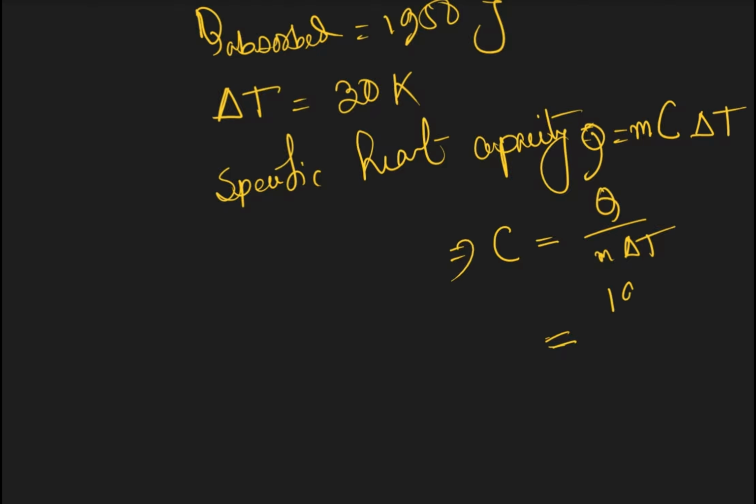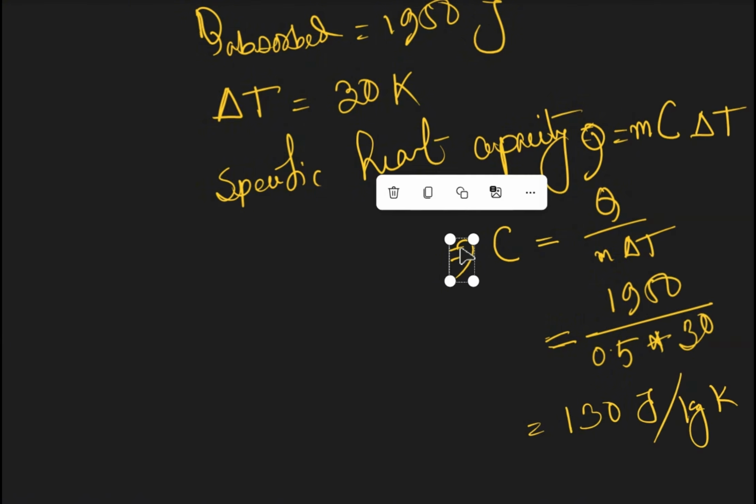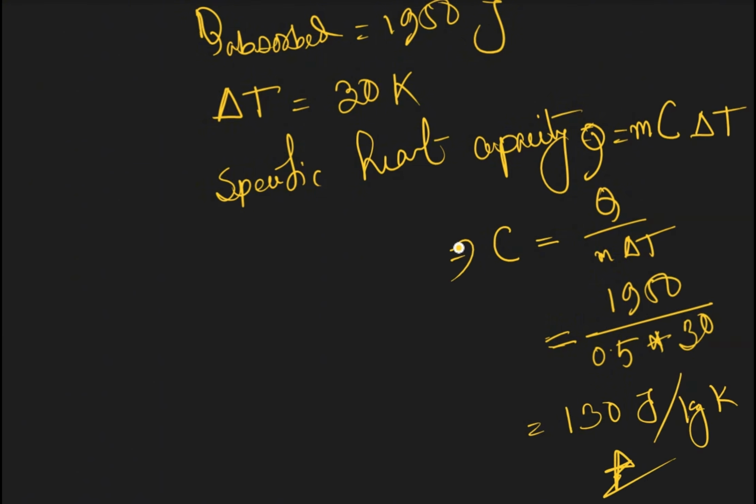That is actually 950, and the value of m is 0.5, and the change of temperature is 30 Kelvin. So we found 130 joule per kg per Kelvin, and this is the answer for the second part.